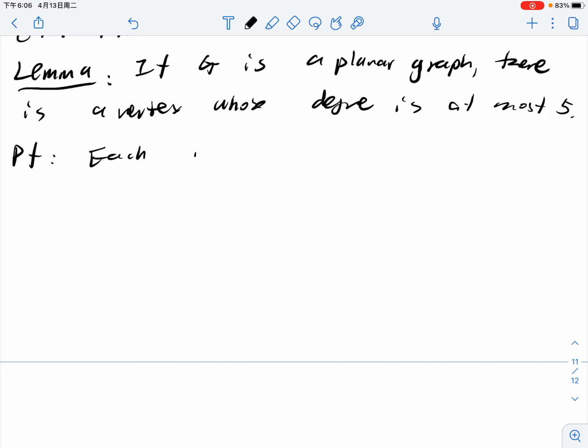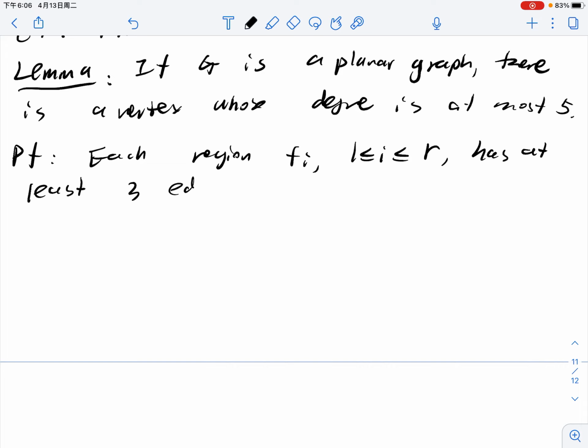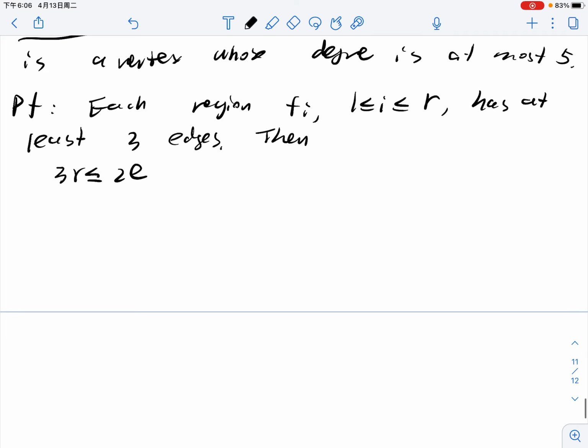So each region Fi, 1 less than or equal to i less than or equal to R, has at least 3 edges. Then 3R is less than or equal to 2E. Because this is a graph, you don't have a region bounded by 2 edges. And then E is less than or equal to 3n minus 6. So this is by Euler's formula.